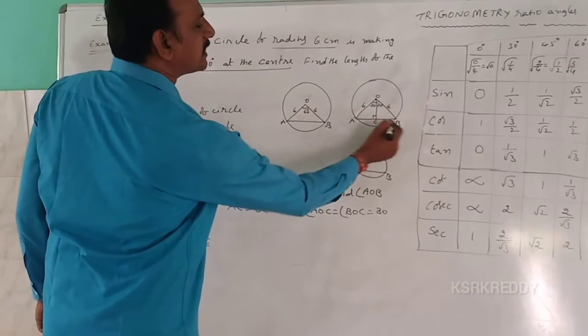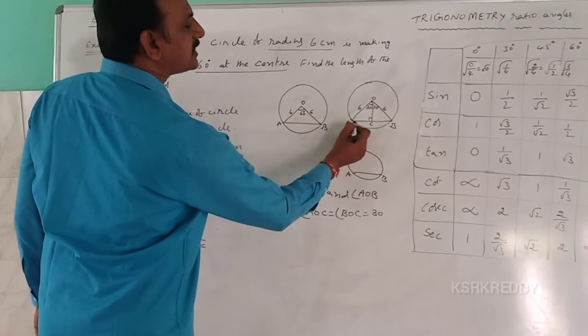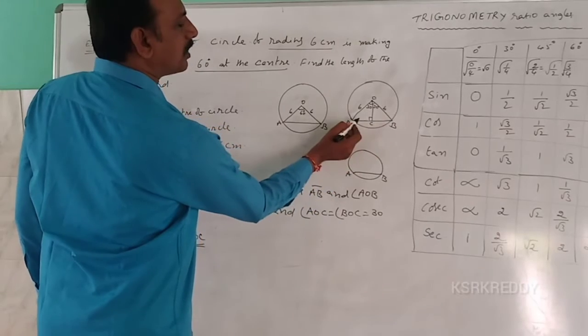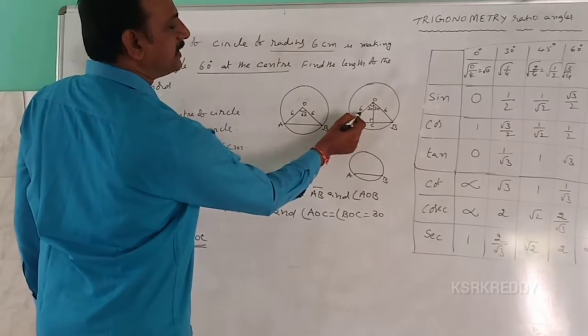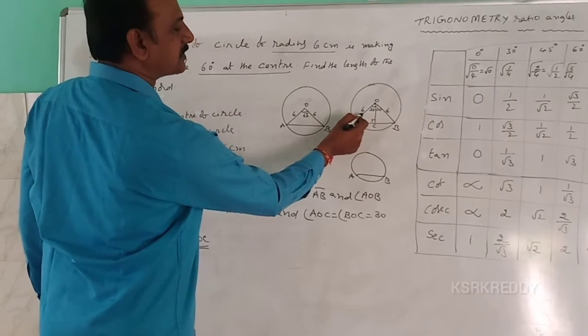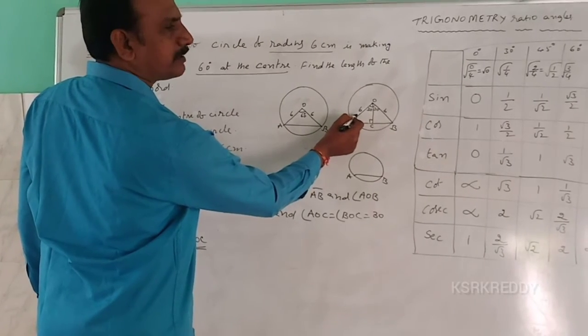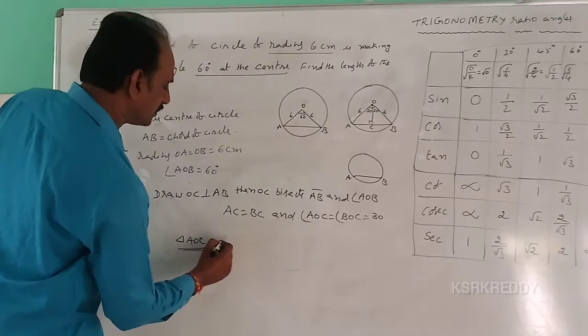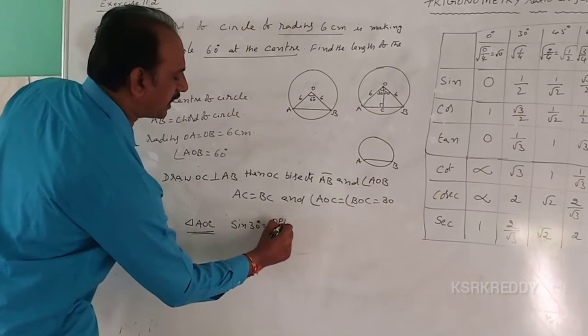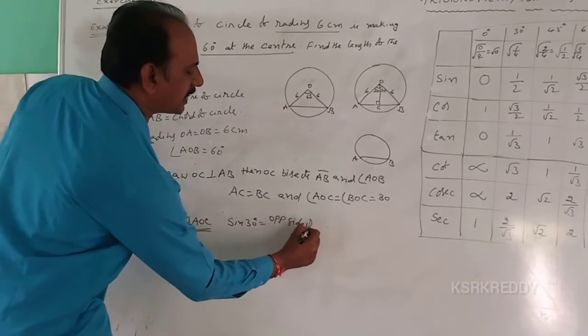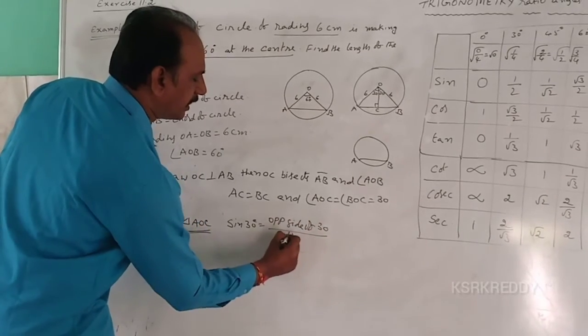Then what is the required value? AB. AC is one of the parts of AB. So find AC. AC is the side opposite 30 degrees, and the hypotenuse is given. The formula for opposite side and hypotenuse is sine. So sin 30 degrees is equal to the opposite side of 30 degrees divided by hypotenuse.